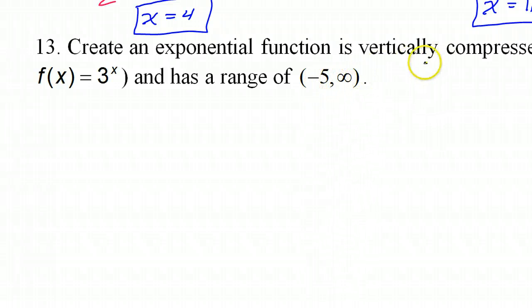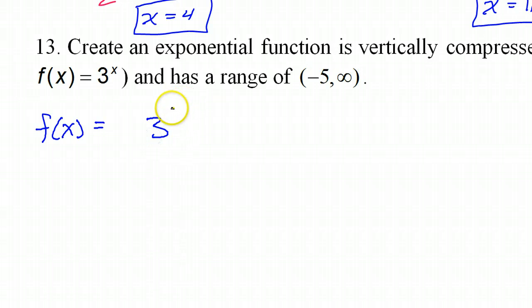Well, vertically compressed, we need an a value that is less than 1 if it's going to be compressed. So I've got f of x equals, now the parent function is this 3 to the x power.